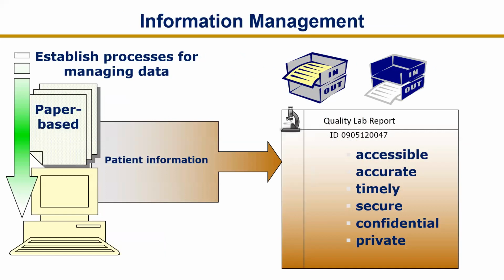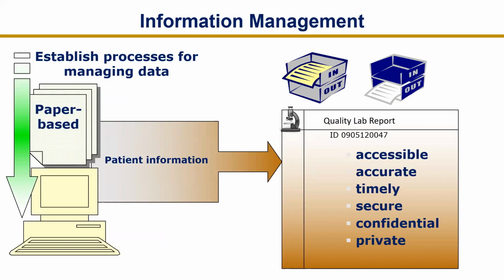And the role of an intact, viable, and effective information management system is basically to be able to manage the patient information that you're generating. As you know, the lab is an information factory. We generate information and we need to take control of that information.